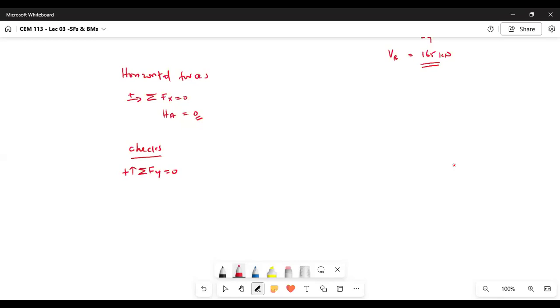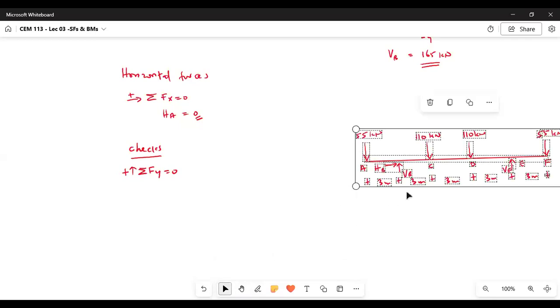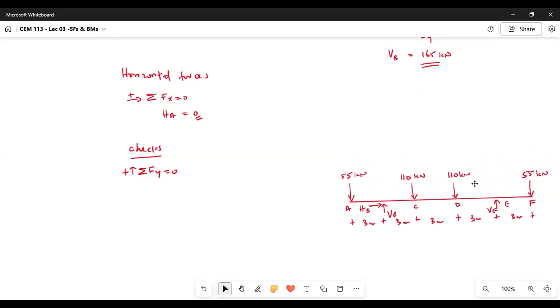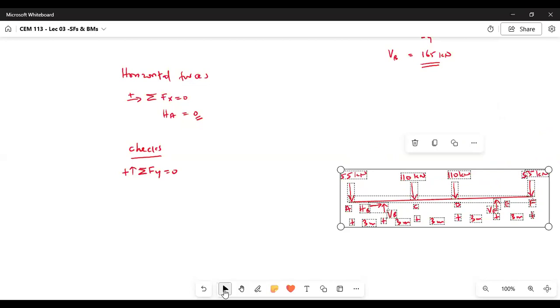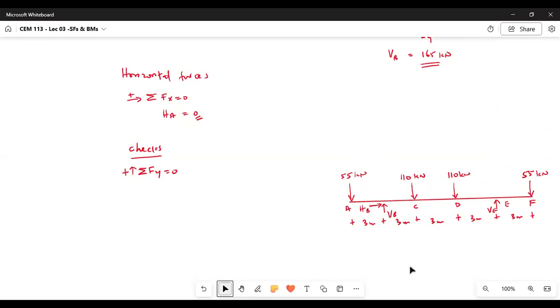So now, let me attempt to paste the diagram here. Okay? So this is the diagram. Is that right? So now, this one being the diagram for us now. What else? We have negative 55.